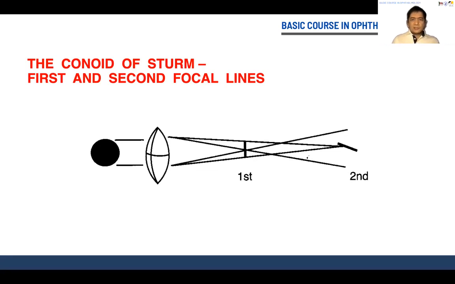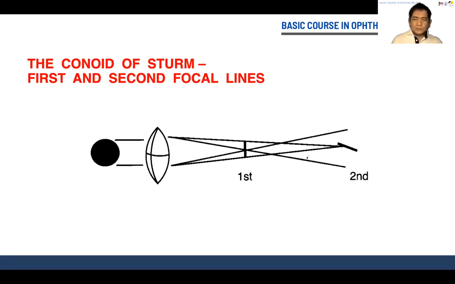So since a cylindrical lens has different powers in different meridians, for example, the vertical and horizontal, it also produces different focal lines. Like in this illustration, the vertical portion of this lens produces a vertical line that is the first focal line, while the horizontal portion, or horizontal meridian, of this lens produces a horizontal focal line.